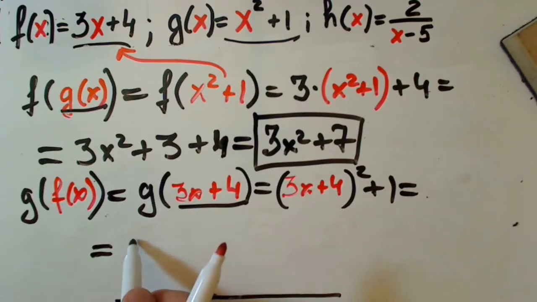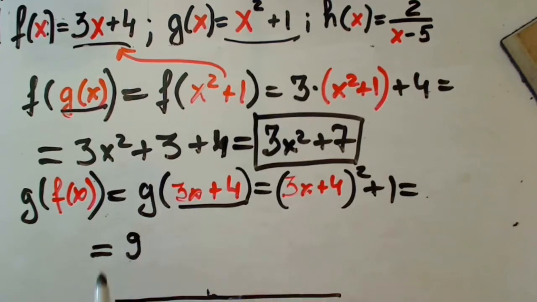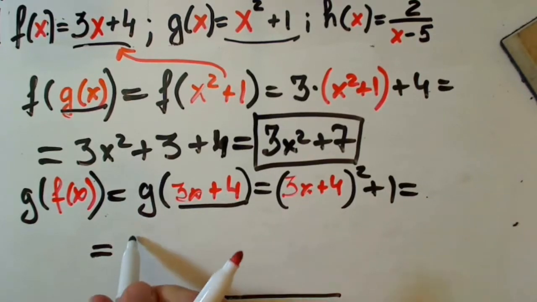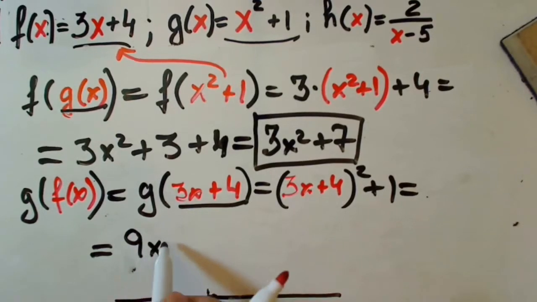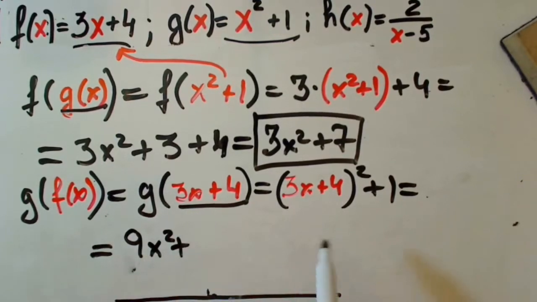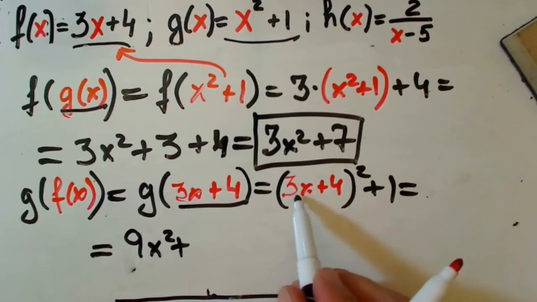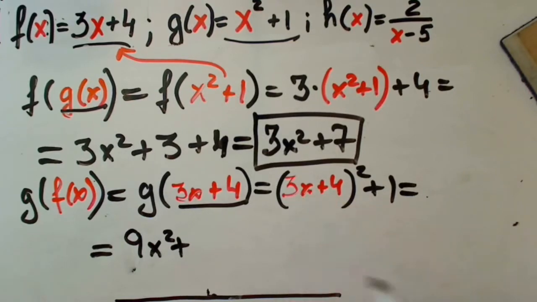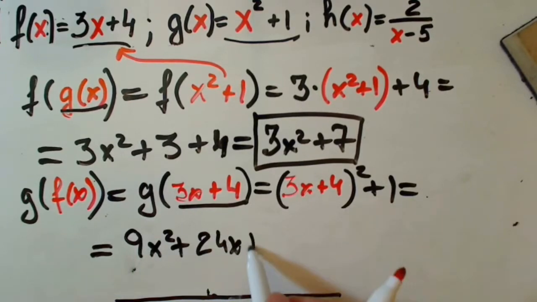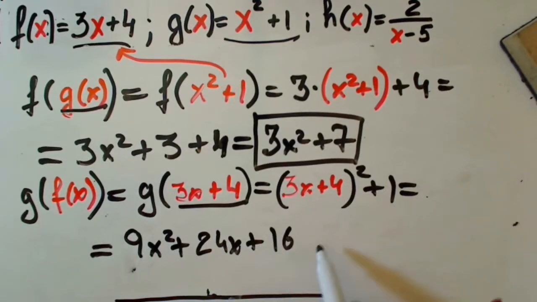Let's try to simplify using the perfect square formula. It will be just 9x squared plus, multiply terms, 12x times 2, it will be just 24x, plus 4 squared is 16. And now plus 1. And what do we have?